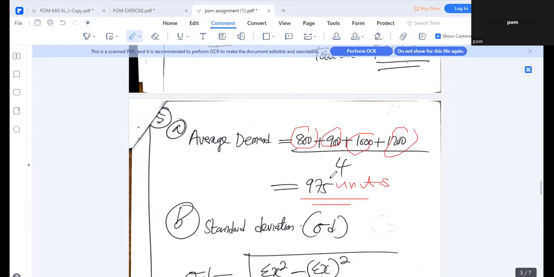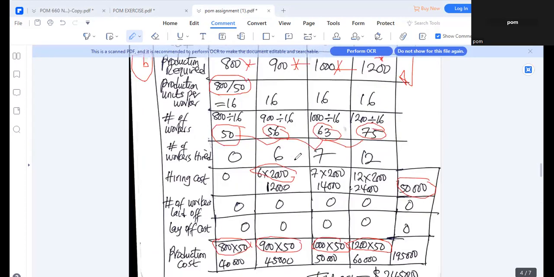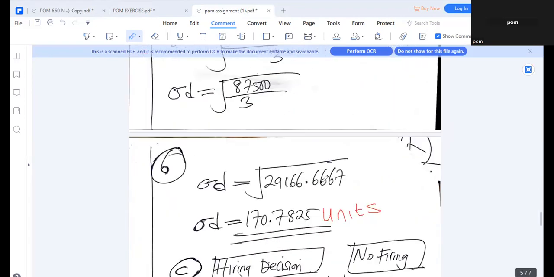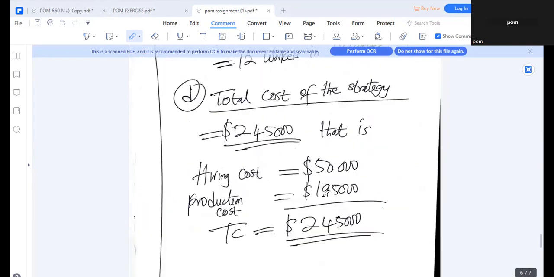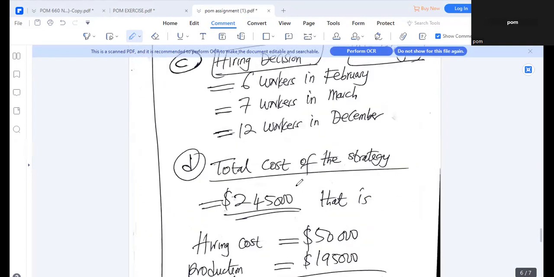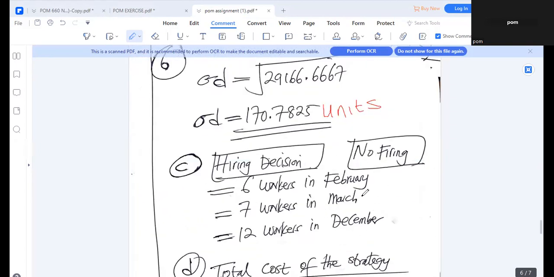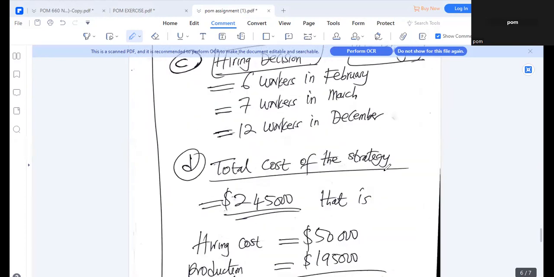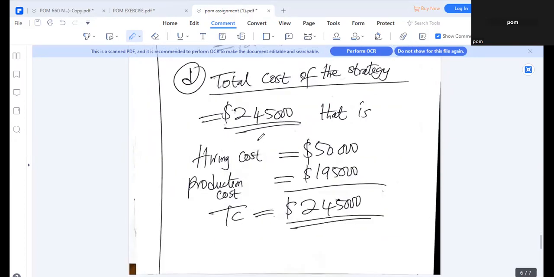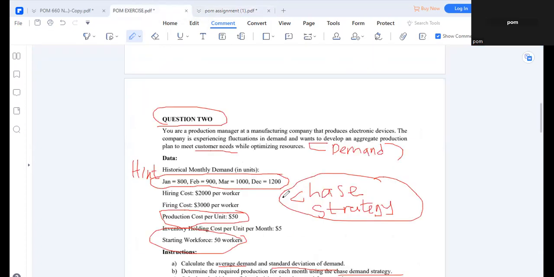This is coming from the ones that we have here. These are decisions of hiring. And then we are going to have the total cost of hiring. The total cost of the strategy was $245,000, made up of hiring cost and production cost. This is about what we are simply saying.